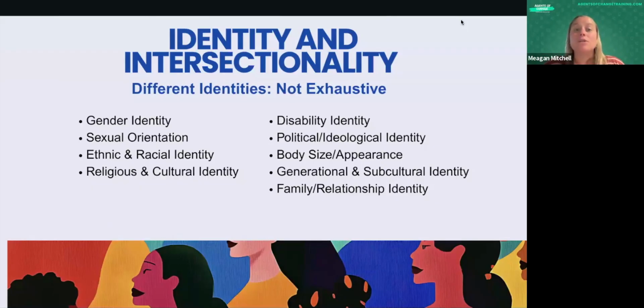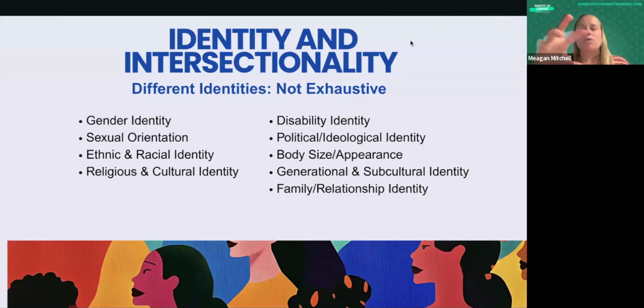So here are some different identities that, when we were discussing clients or our own stuff that was coming up around clients, we were taking into account. Gender identity, sexual orientation, ethnic and racial identity, religious and cultural identity, disability identity, political and ideological identity, body size or appearance, generational and subcultural identity, family relationships or identity.